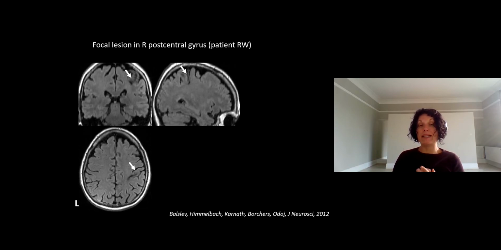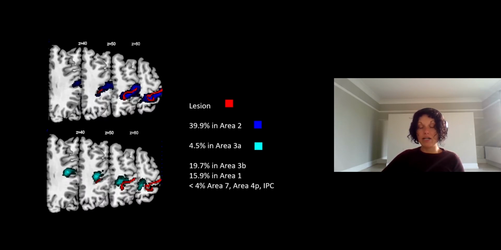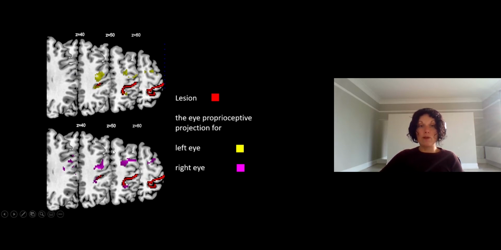RW presented with double vision. The doctors could not tell what the problem was because her vision seemed to be intact. So they conducted an MR scan of the brain and found this small lesion. This lesion is difficult to see on this slide, so it's here in red, and you see a good overlap with the primary somatosensory cortex, and also some overlap with a proprioceptive representation of both eyes.